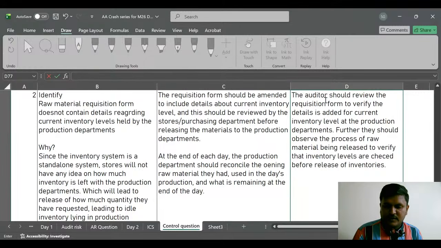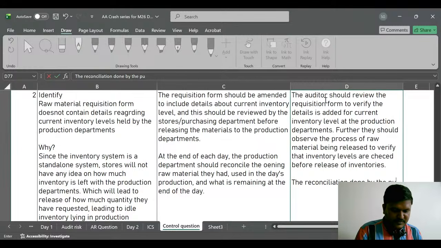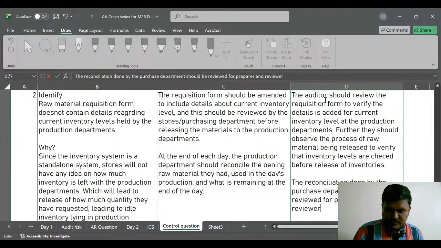Okay, then you can go for the reconciliation done by the purchase department, which should be reviewed for preparer and reviewer sign off.